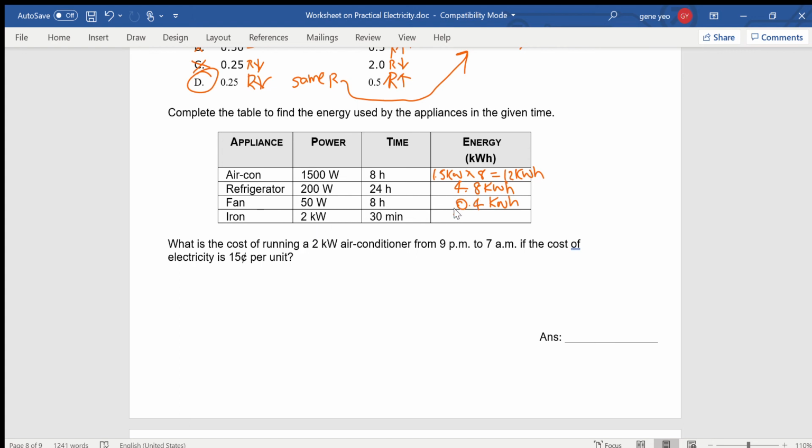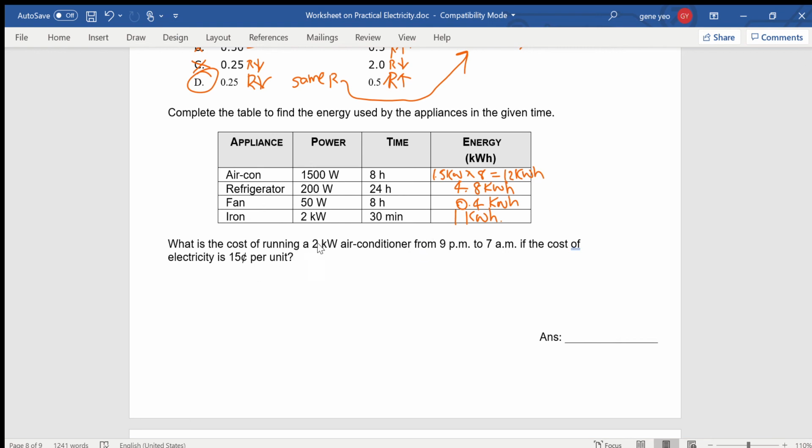This will be 1. Oops. Gotta erase that away. This is 1 kilowatt hour. Okay, so hopefully you get all these answers.